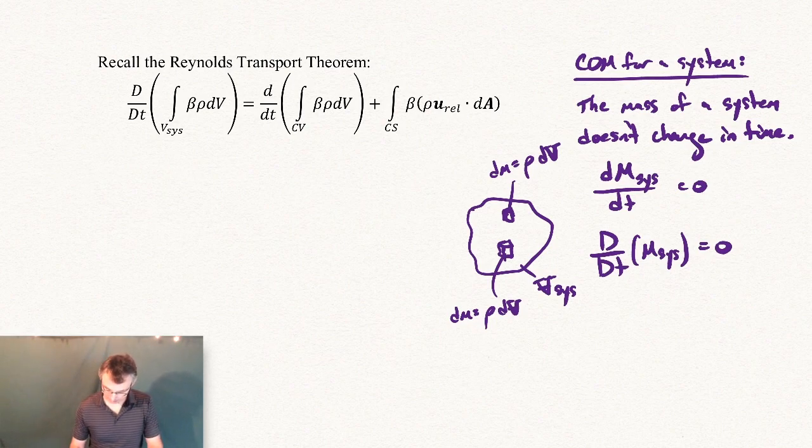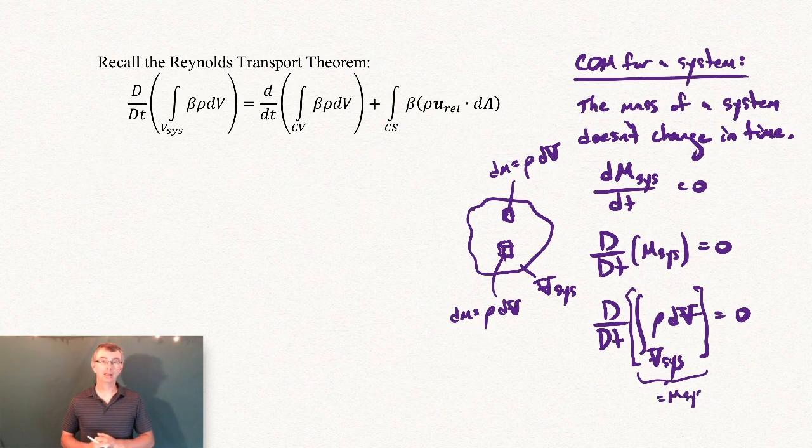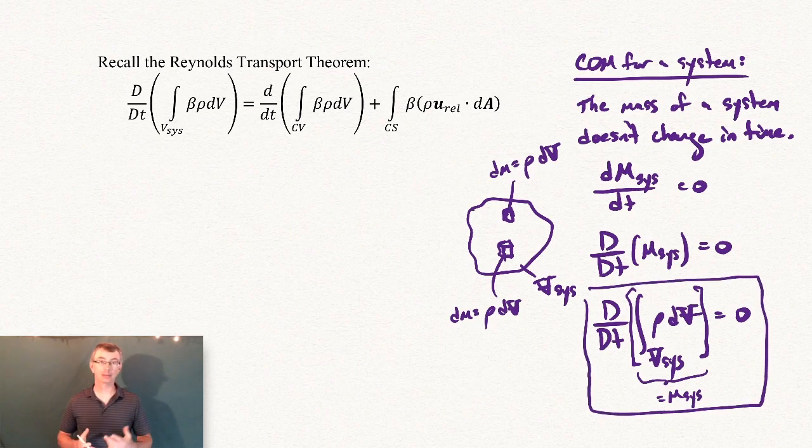So capital D/Dt of the integral over the volume of the whole system of rho dV is 0. The quantity in the square brackets is just the mass of the system, and I write it as an integral because it gives me more flexibility. So that's our mathematical statement of conservation of mass for a system.